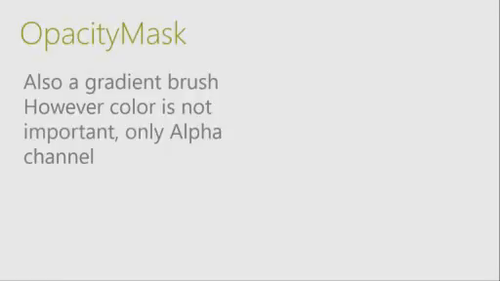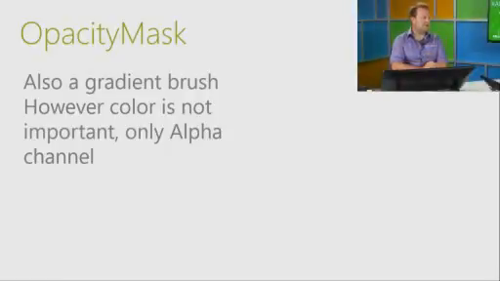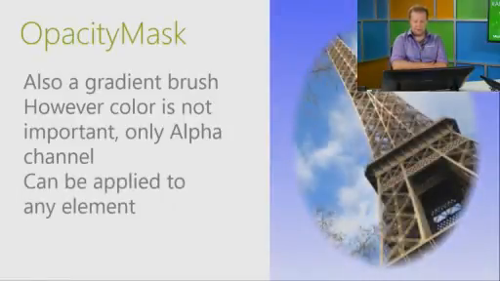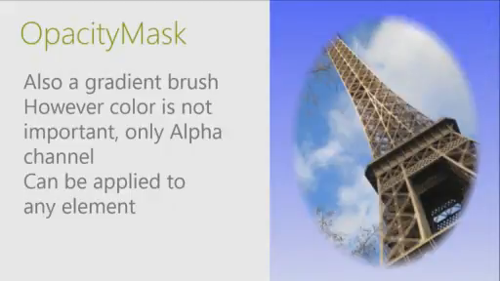Yep. Now, opacity mask is also a gradient, but this is something which is a little bit different because we don't care about the R, G, and B channel. We only consider the alpha channel, and that's going to be used for the transparency of an element. So, for example, I can take really any element. Could be a video, could be a picture in that case.